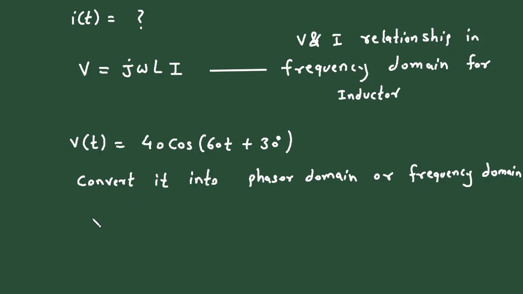So this will be capital V is equal to 40 at an angle of 30 degree. Now we got the value of this voltage. Then we also have the value of omega and L. So from here we can say I is equal to voltage V divided by J omega L.